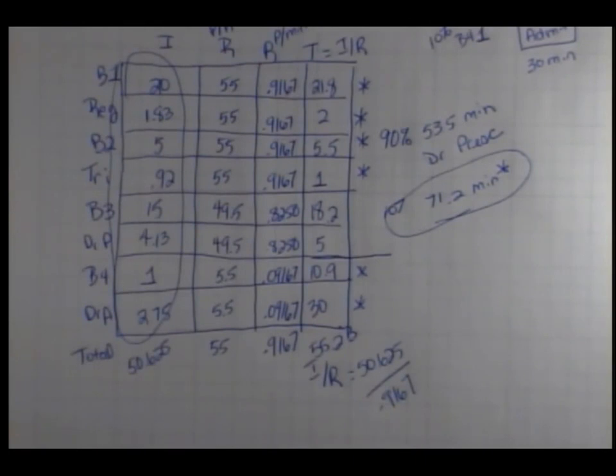Trying to think then, let's see. We said that in the previous process, what was our doctor admit route? Give me just a second. We're going to look at that doctor admit real quick.